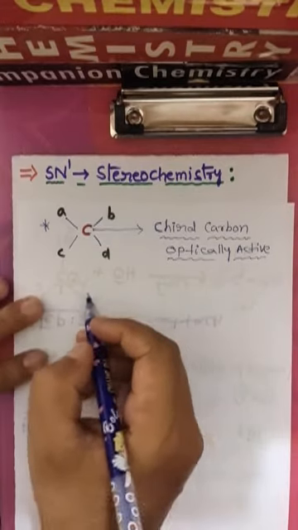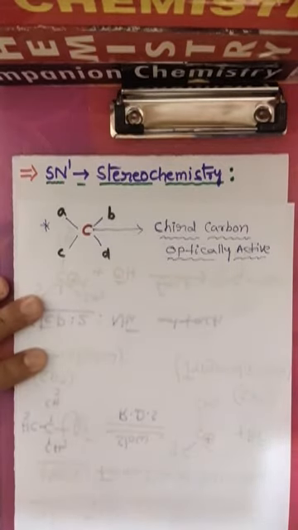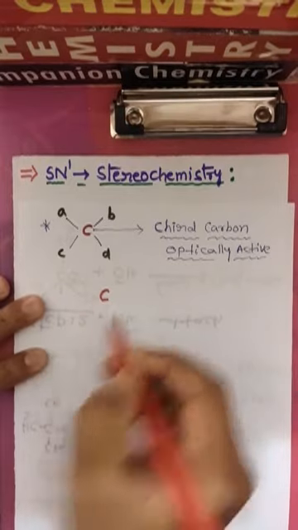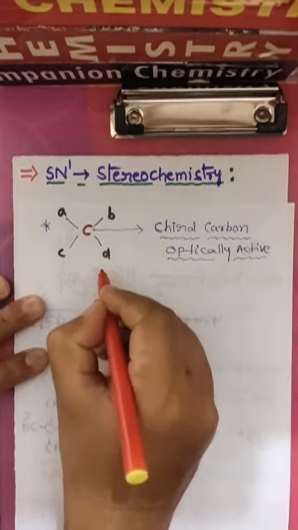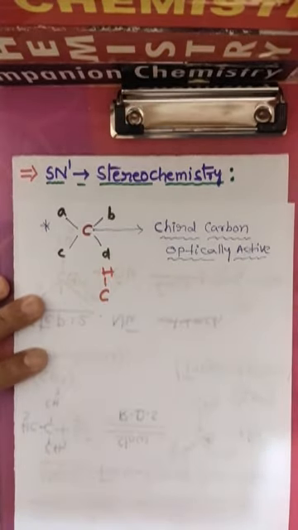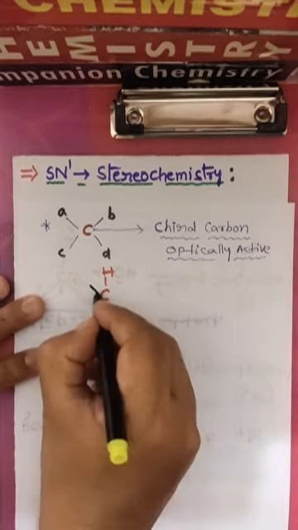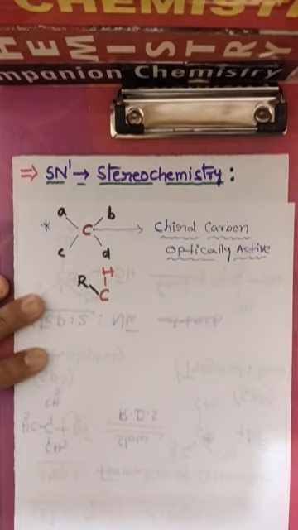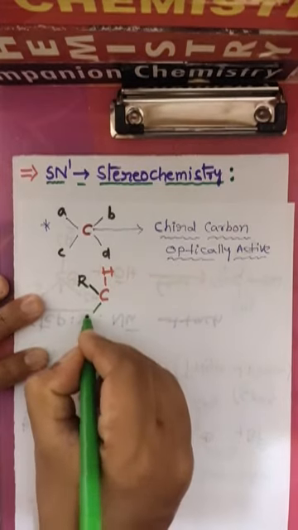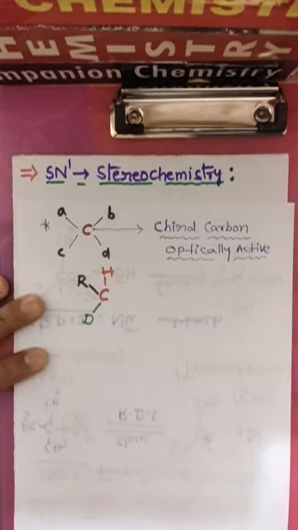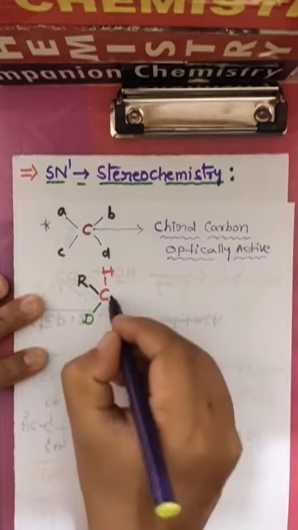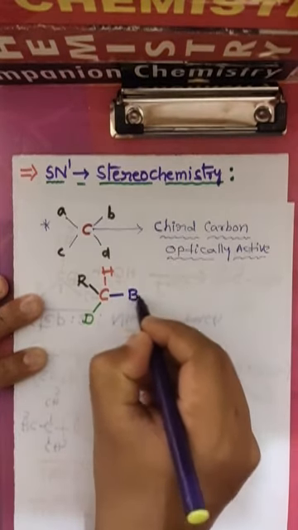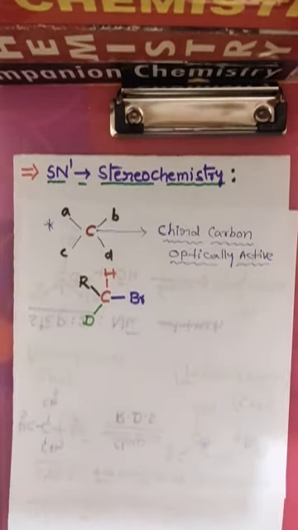For example, you take one carbon, and here I am taking one hydrogen, here one alkyl group, here one deuteron, and here a halide.